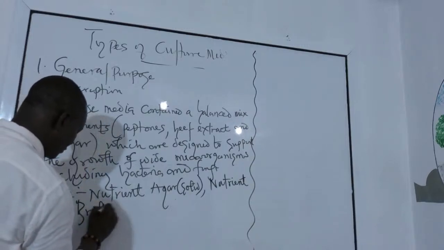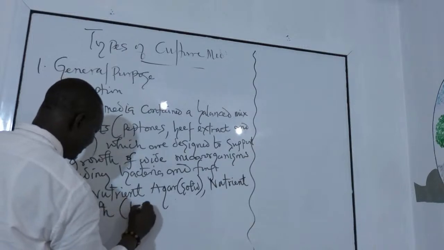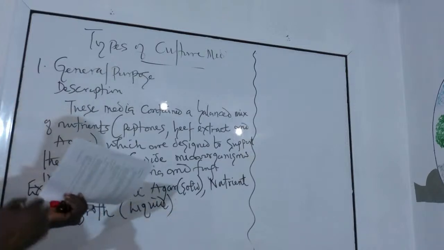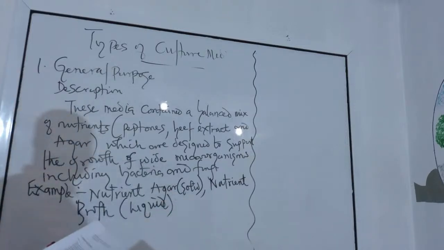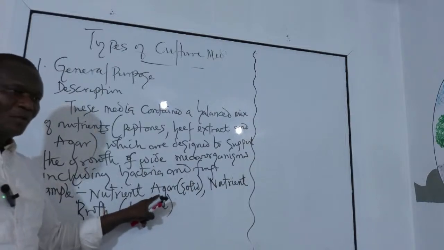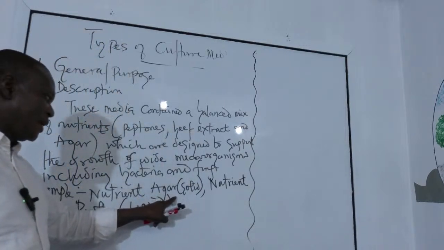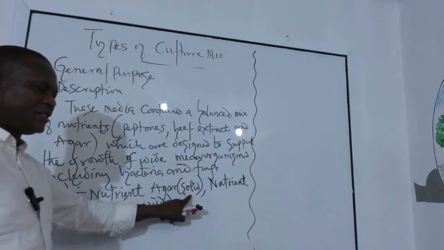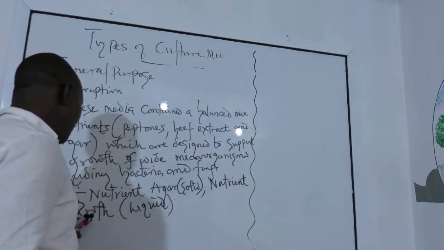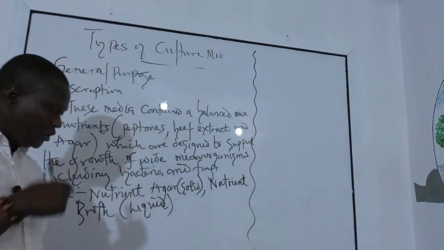Anytime you come across nutrient broths, this is telling you that it is a liquid. Almost all the components are the same. The only thing is that this one has a solidifying agent, which is called the agar, to make them exist in solid form. But this one is going to be broths, which make them to be in liquid form.